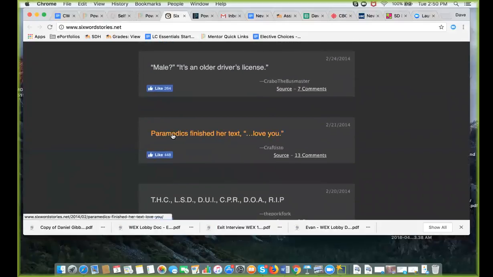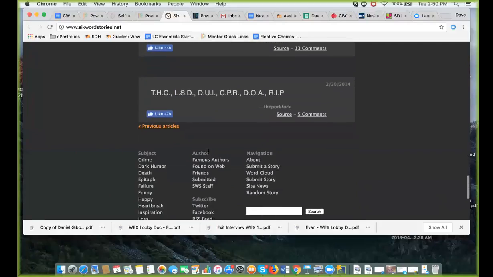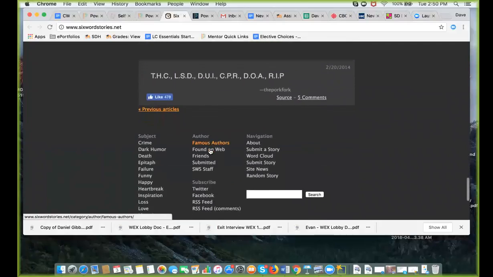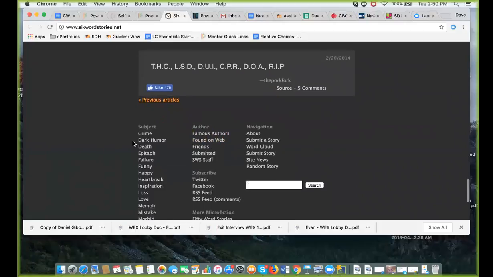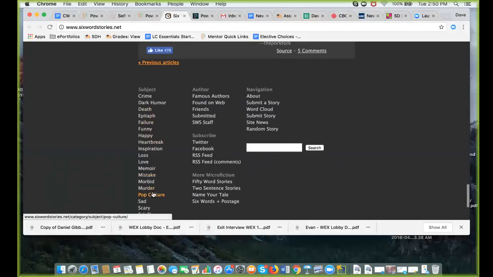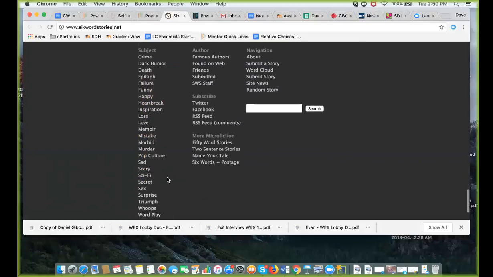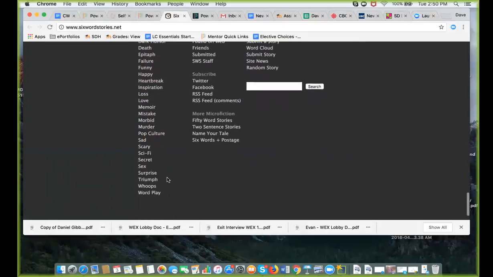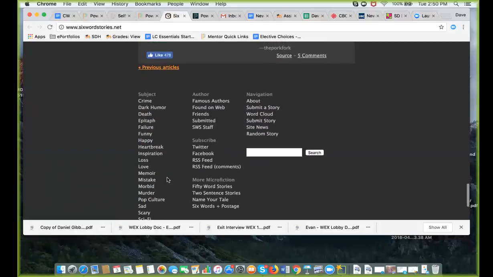And this is where I found "paramedics finished her text." With the website at the bottom, there are a number of different categories that have different six-word stories.